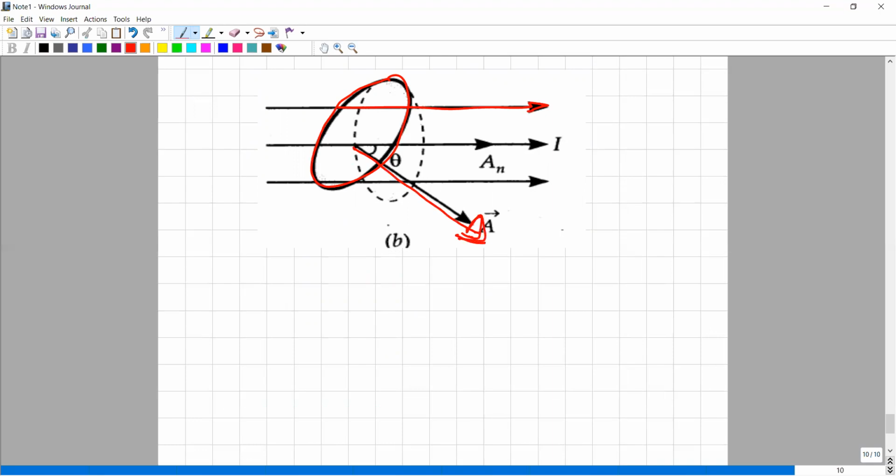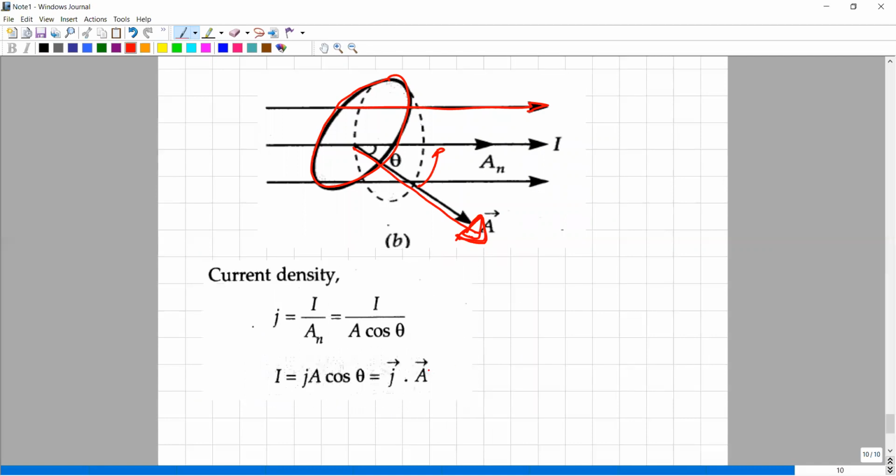Then we have to take the cos component of the area. Instead of area A, we will have to take A cos theta. So current density J, which was I over A, now has A cos theta instead of A.